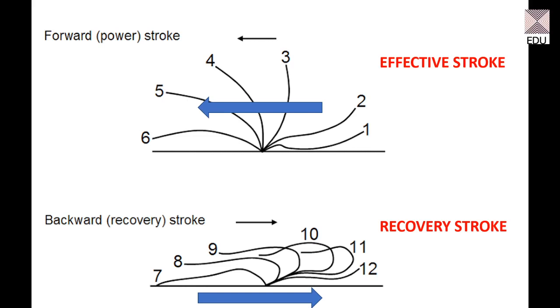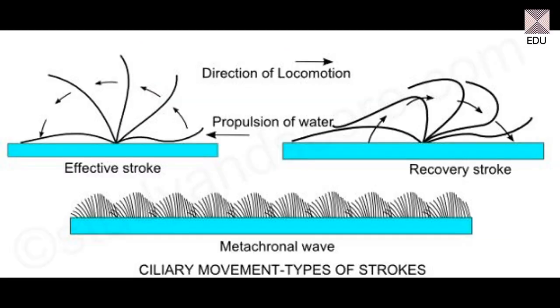In the next diagram, in the very first diagram on the left side, you have the effective stroke. The cilium is coming from the base position towards the left position, and in this course the cilium is stiff. You can see that in the recovery stroke, it is coming back, but it is not stiff. It is very flexible.